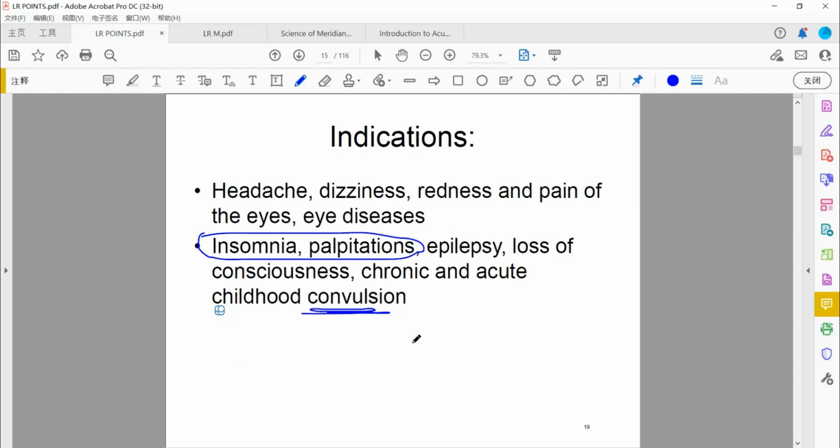For example, a female patient always feels depressed and easily angry, and she suffers insomnia, palpitations, and she feels distending pain in the hypochondriac region.